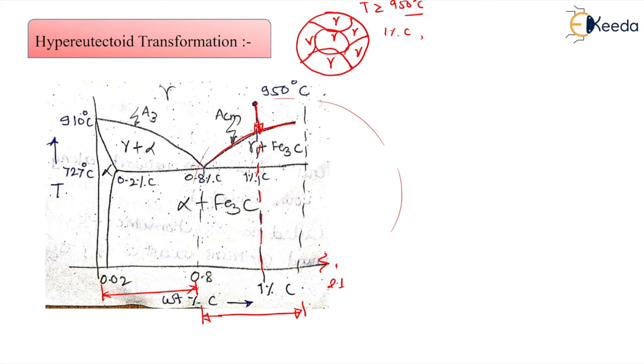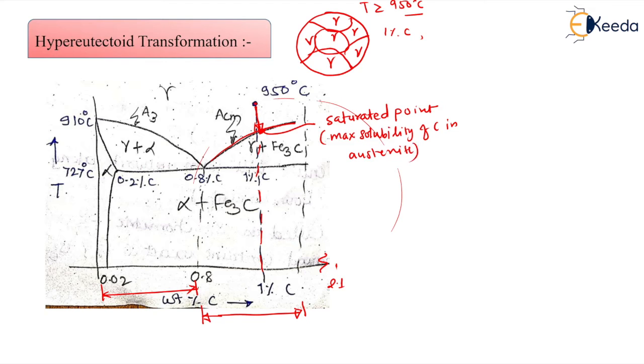When we are doing this equilibrium cooling and it hits the ACM line at a point, say here, that point is known as the saturated point, the point having the maximum solubility of carbon in austenite.